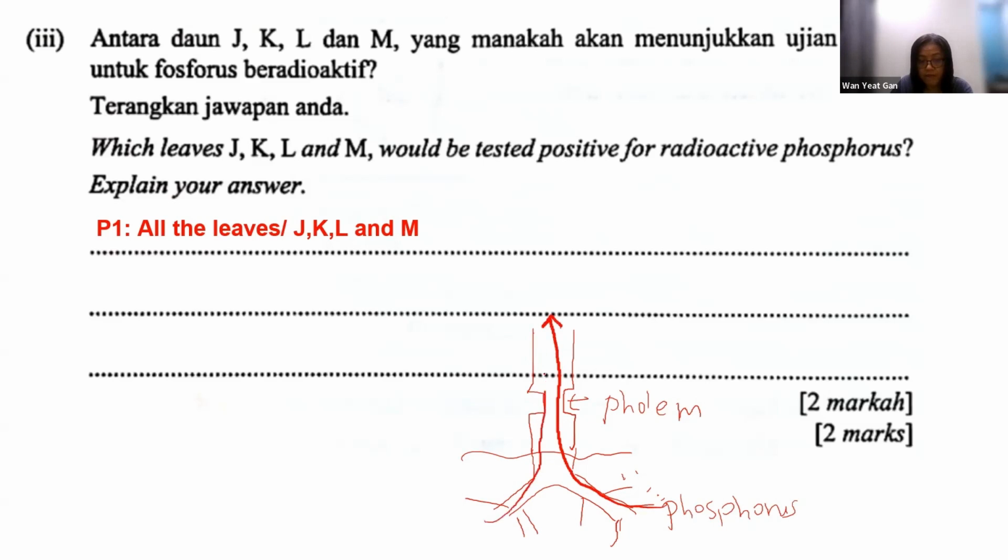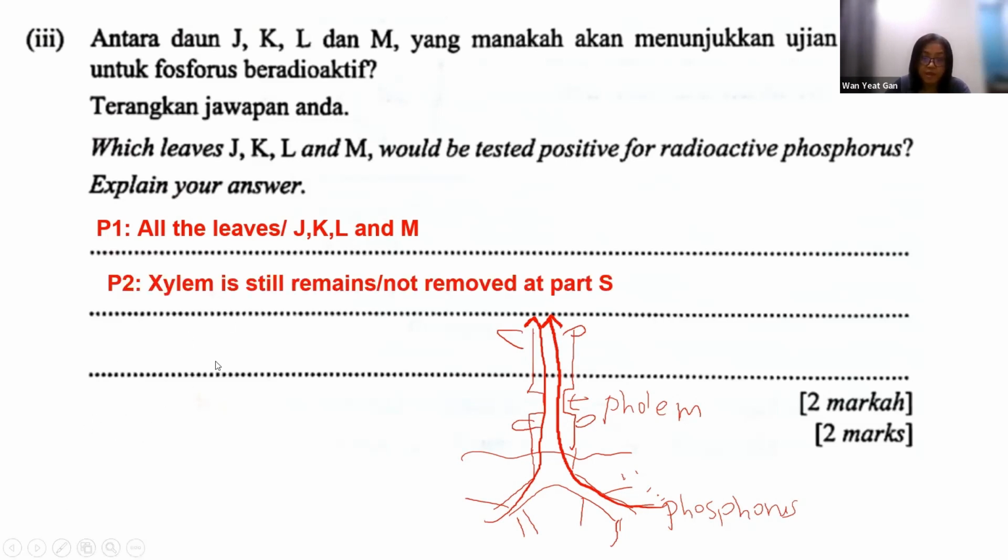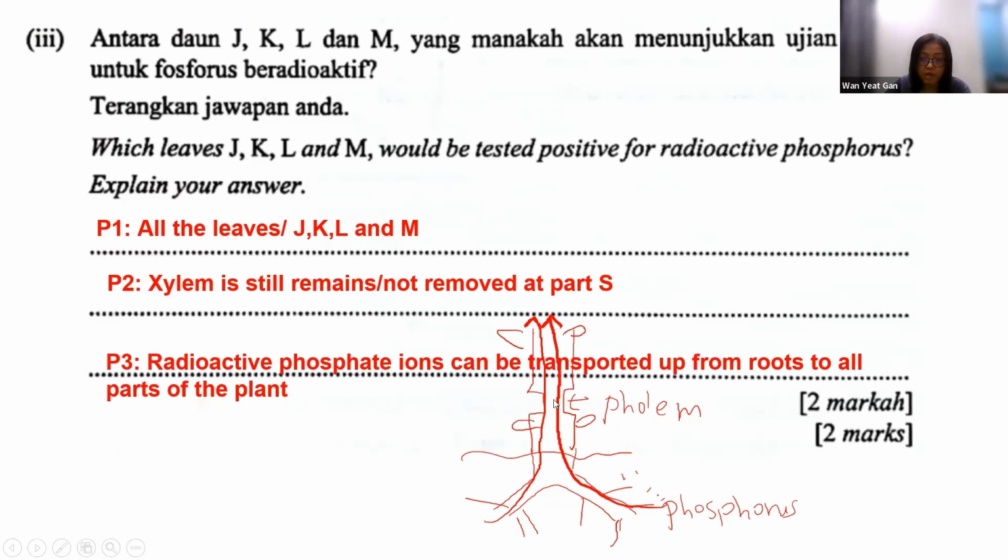So it will not affect the leaves, whether they are below the part where you cut or above, because xylem is not removed. So the radioactive phosphate ion can still be transported up from the roots to all parts of the plant.